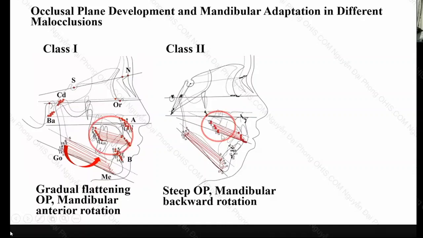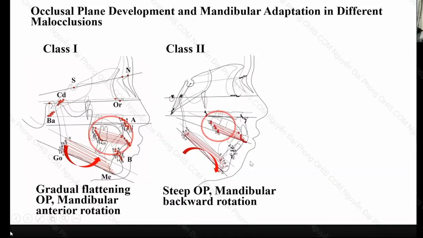Therefore, the occlusal plane is always a very steep inclination. Therefore, the mandible has no chance to adapt to a forward position. Then it just opens. Therefore, class 2 skeletal is established.